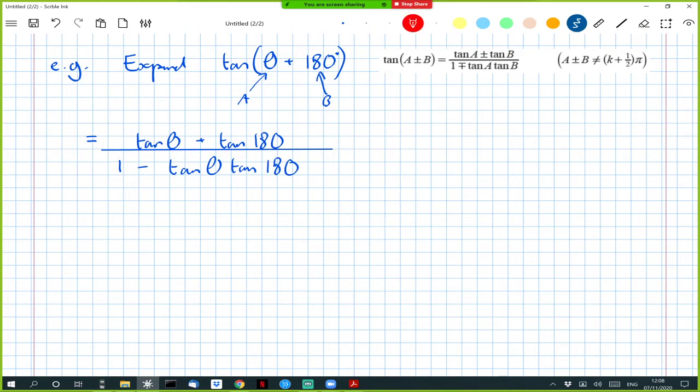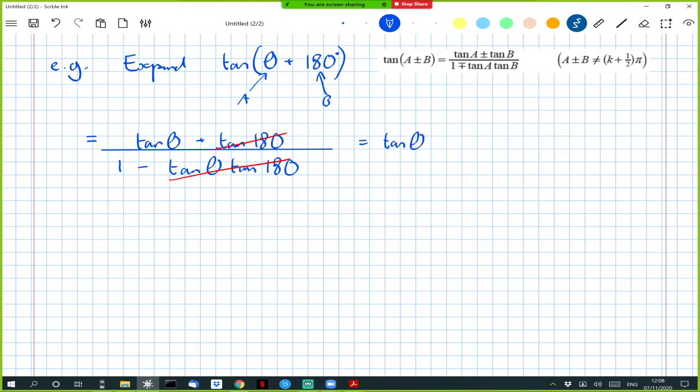And notice that we can easily find out the value of tan 180, which just comes from knowing the graph or using a calculator. Tan 180 is 0. So that term disappears, as does that one. Just giving tan theta itself.